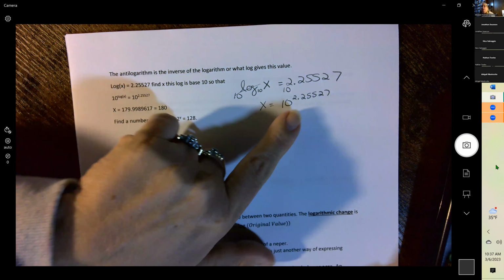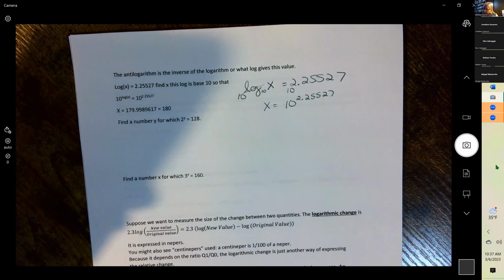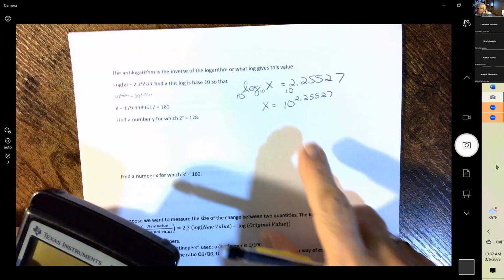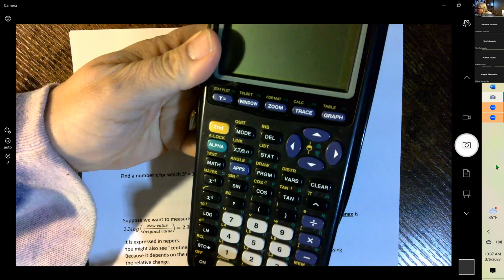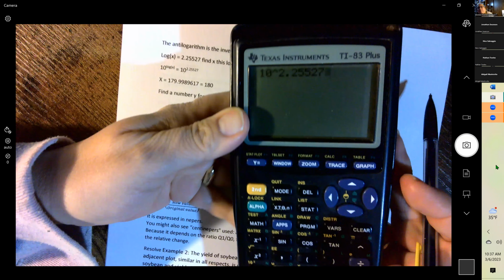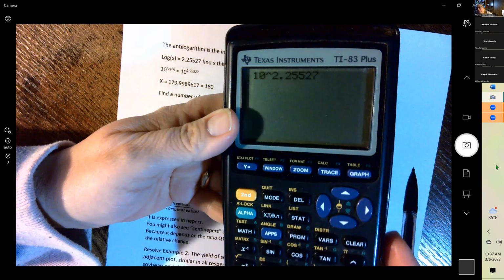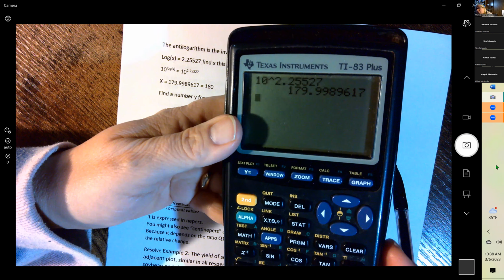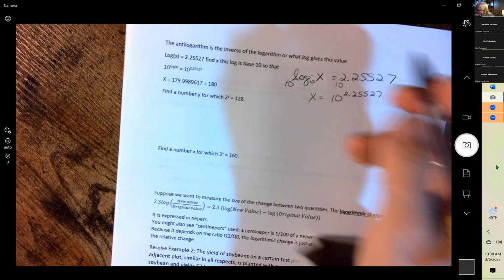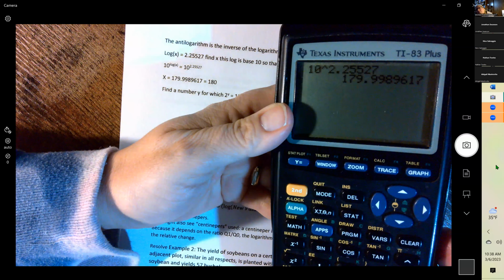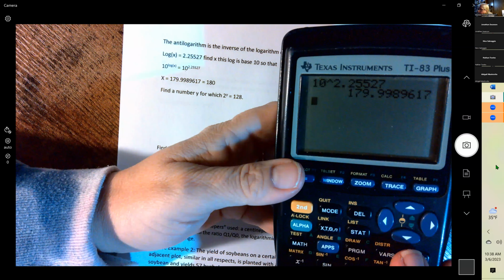And then we just plug that into our calculator. 10 to the 2.25527 is approximately 180. Any questions on that?